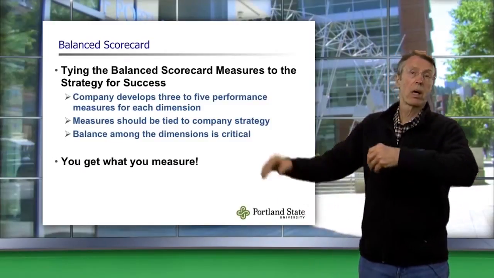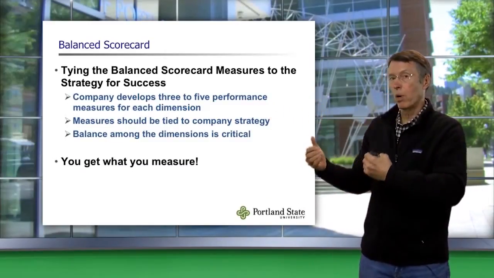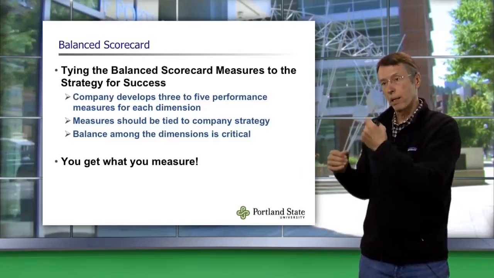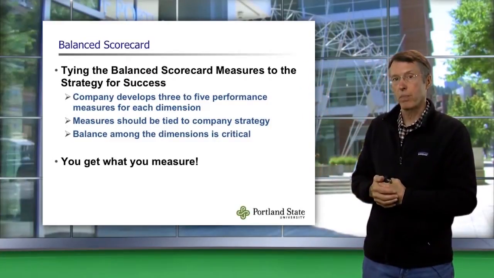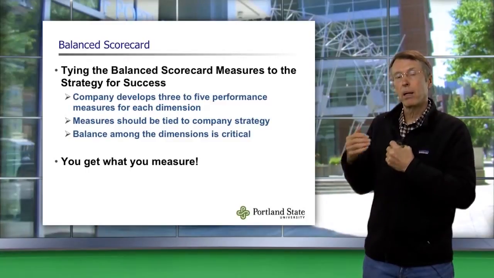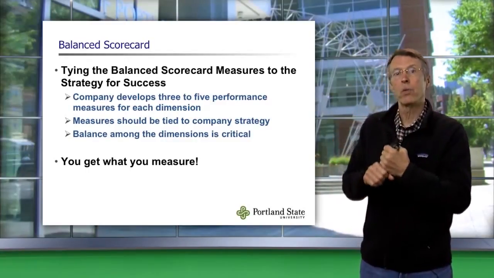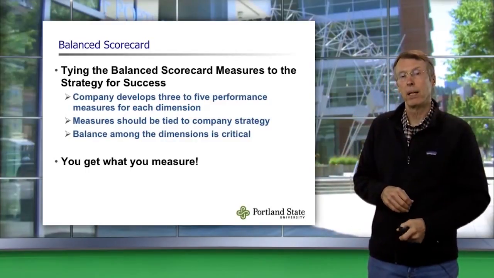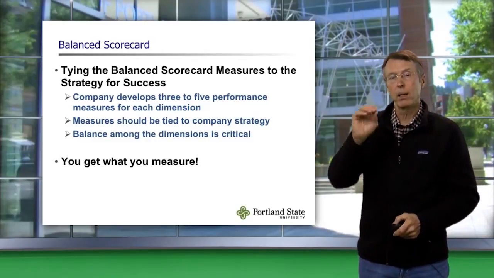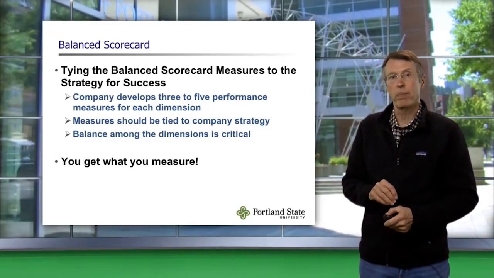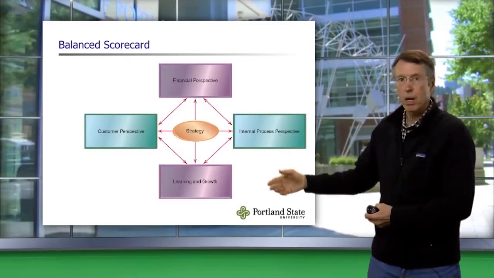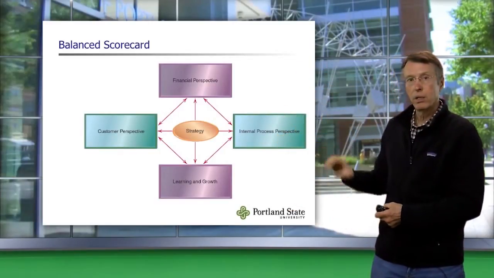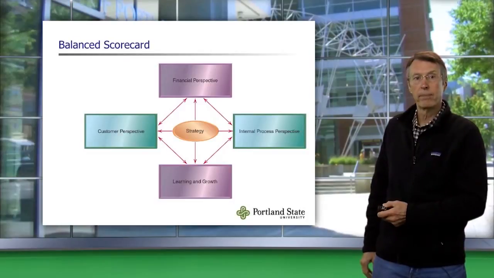The balanced scorecard can be mapped to our overall strategy, where we get levers of value creation in each of those 4 areas that we can somehow tie to financial outcomes at the very highest level. The key here, again, is you get what you measure around the 4 dimensions of the balanced scorecard, hopefully all leading to something aligned with strategy.